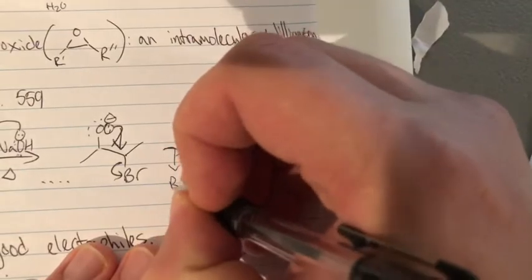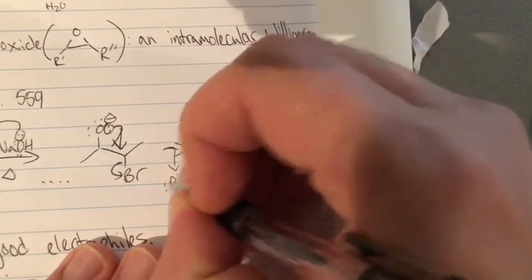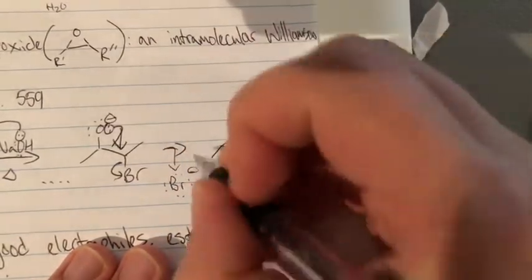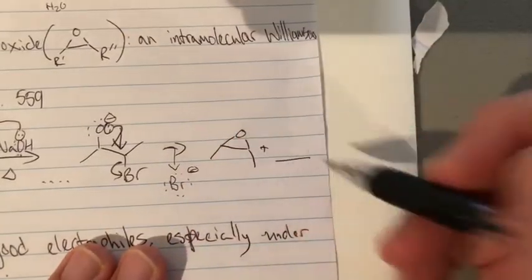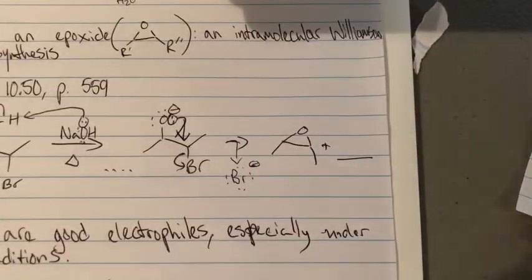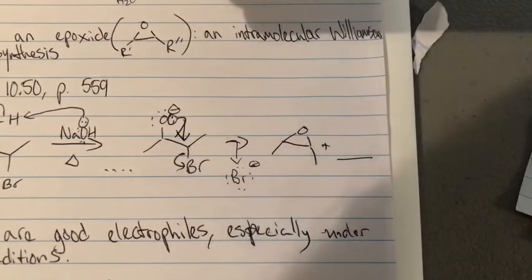So Br minus leaves. So it's an intramolecular Williamson ether synthesis. You see that with some 6-membered rings, some 5-membered rings as well.